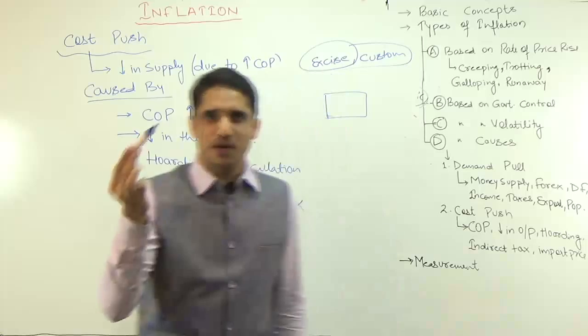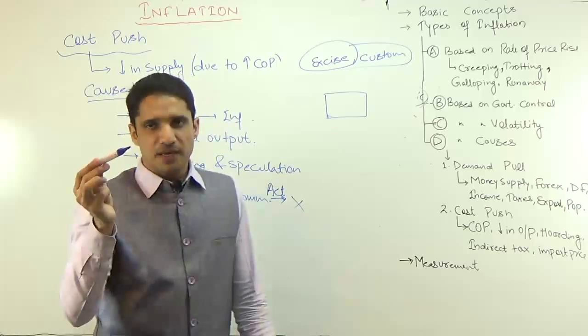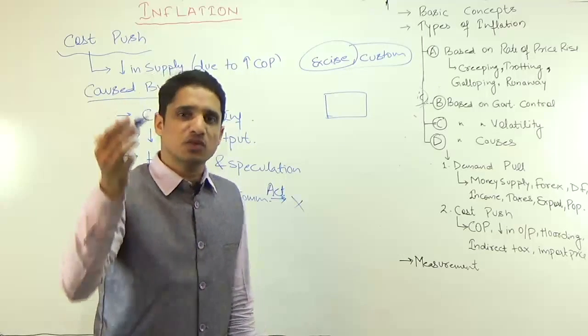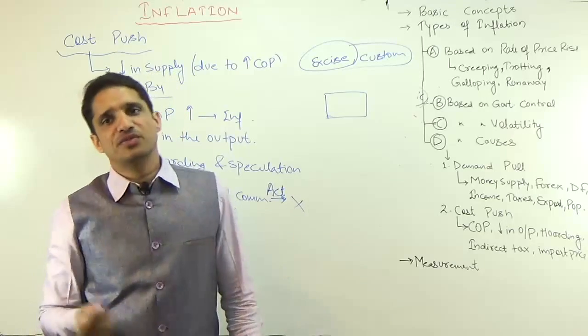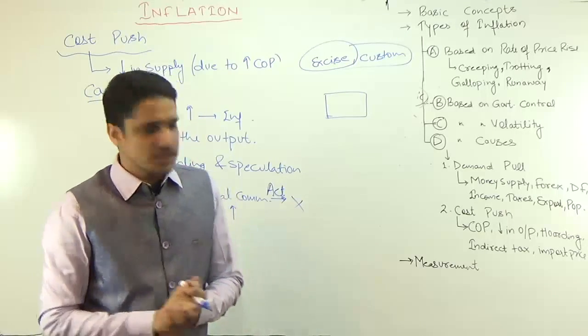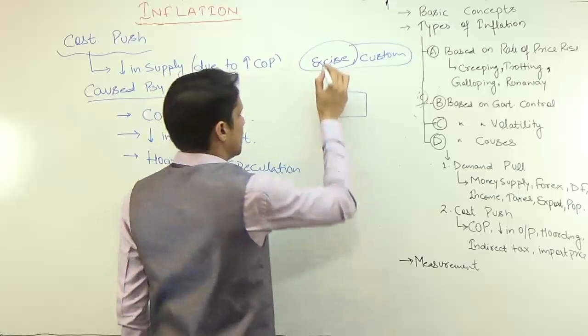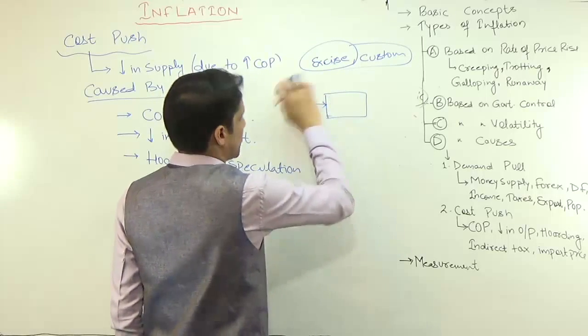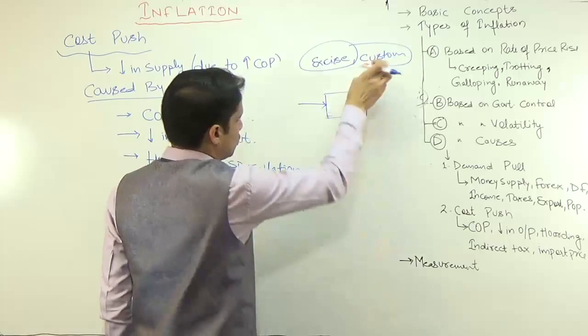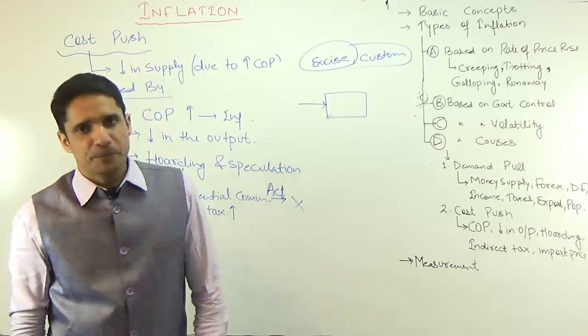Suppose you are producing this pen. To produce this pen, you have to give some tax. The producer has to give some tax to the government of India or central government. That tax is known as excise duty. And whenever you are importing these items from outside India, you have to pay some tax, that is known as custom duty.